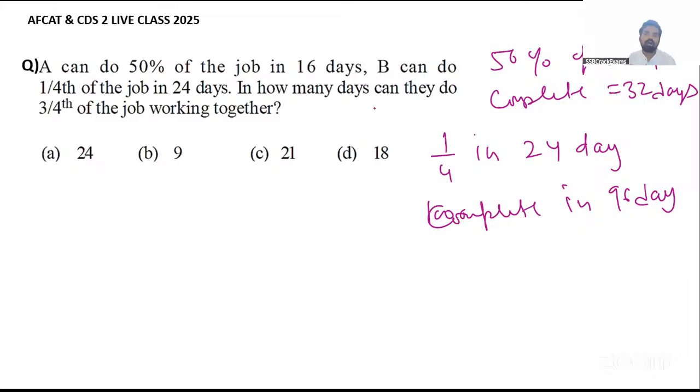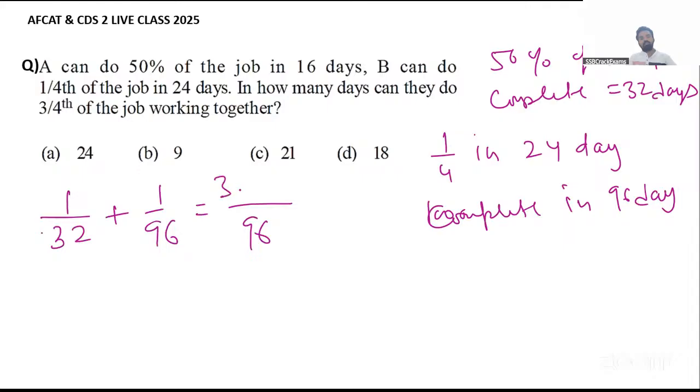In how many days can they do 3/4 of the job working together? A's one day work is 1 upon 32. B's one day work is 1 upon 96. The LCM of 32 and 96 is 96, so it is 3 plus 1 is equal to 4 upon 96.